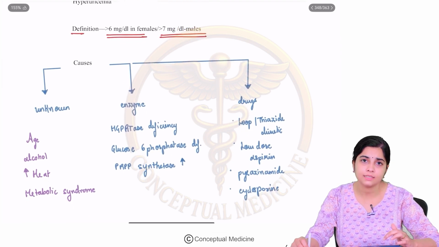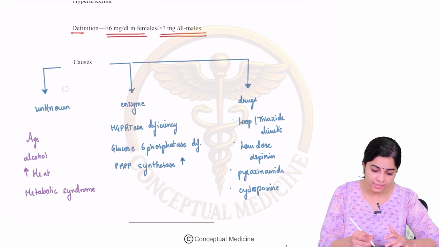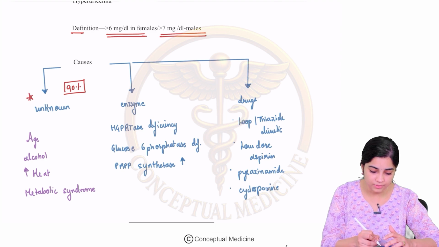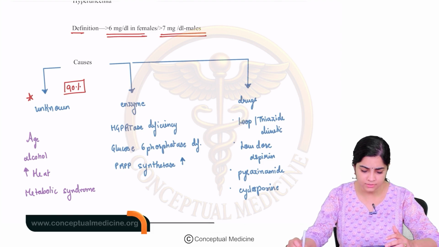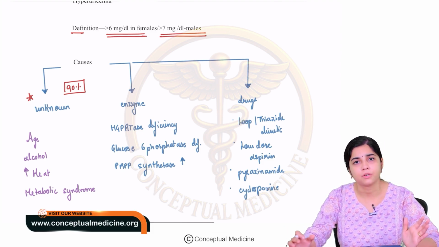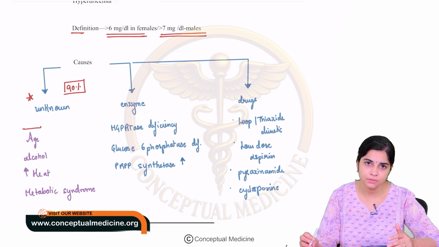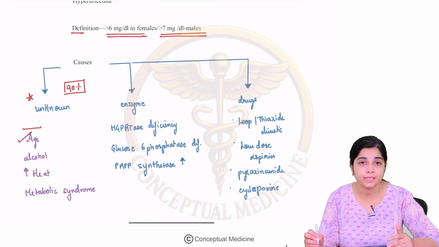So let us understand the causes of hyperuricemia. In 90% of cases the cause is unknown. Very, very important. Most often it is due to genetic conditions or underlying metabolic syndrome. So what are the risk factors for hyperuricemia in an individual? It can be because of increased age.